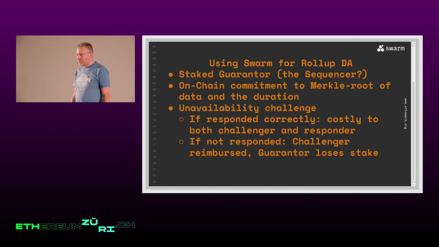And at this point, if challenged, the guarantor has basically 2 options. Either they respond to this challenge, and they upload the whole transaction to layer 1. And in this case, it was very expensive for both of them. So both the challenger and the guarantor had made a layer 1 transaction, and they paid the gas cost of it, but the data ended up on layer 1, where we assume it to be available to all.